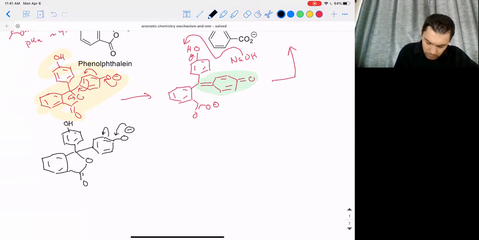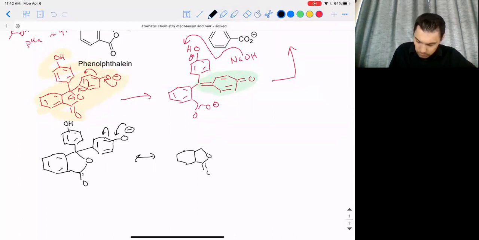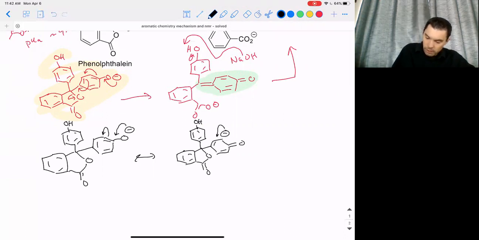Push that down, move one electron pair up. And since these are resonance structures, I'm going to use my resonance arrow. Now I can do another resonance structure.